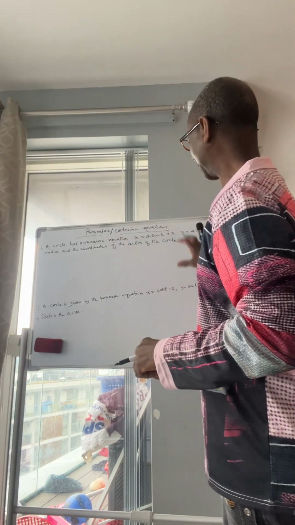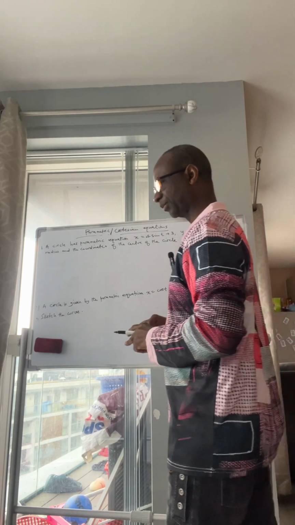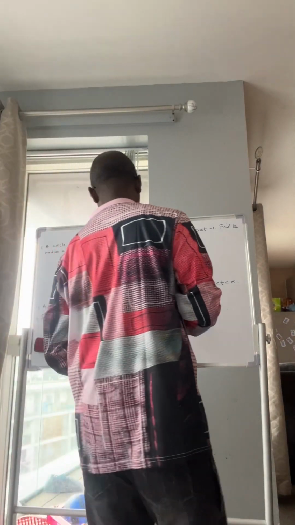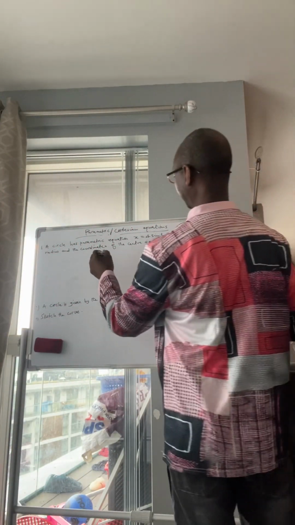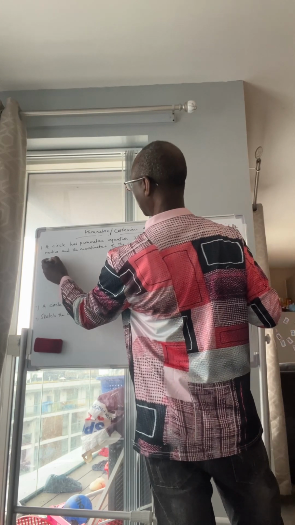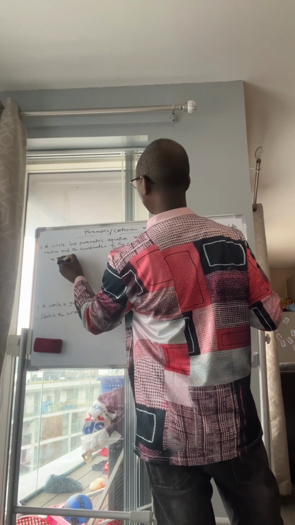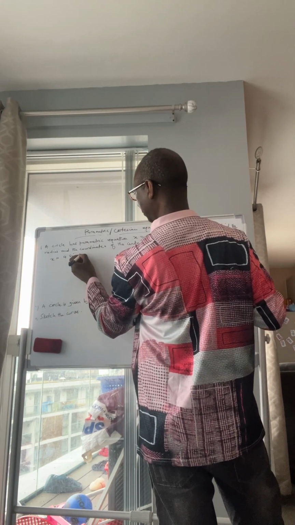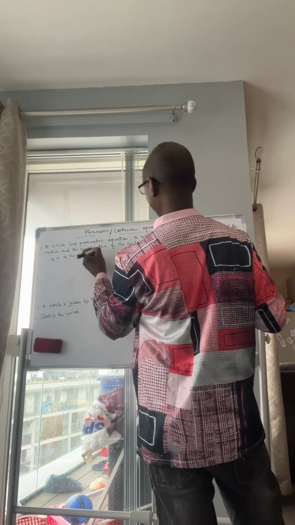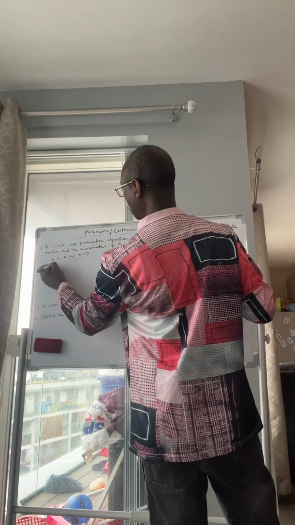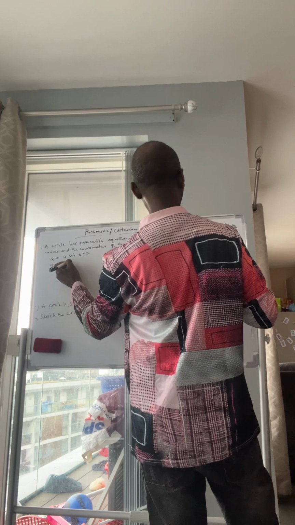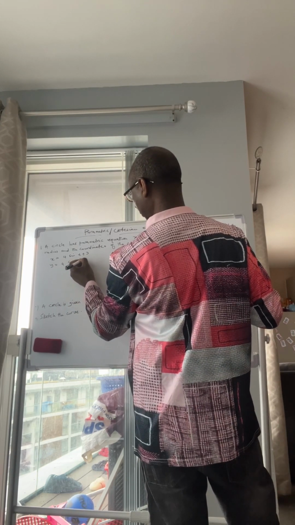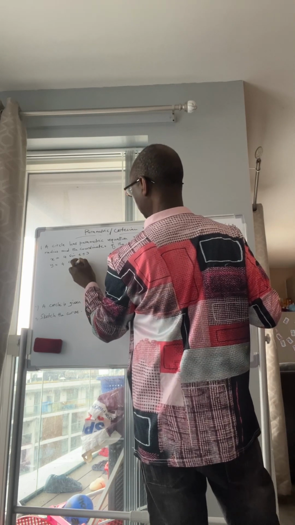So we are given these parametric equations. We want to transform them to Cartesian equations. The first one says x equals 4 sine of t plus 3, and the second one says y equals 4 cosine of t minus 1.